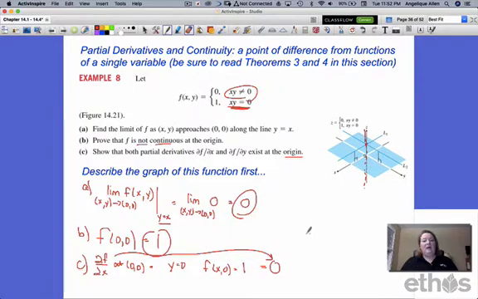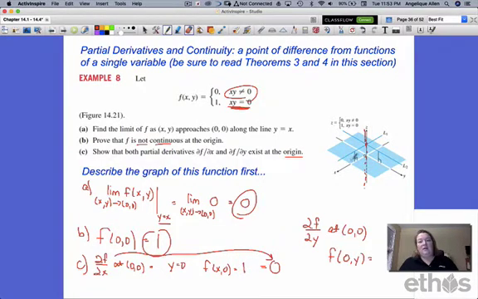I'm going to say it for the other part, df dy now, same argument. So think through it again as I say this, at 0, 0. Now with respect to y means in the y direction, which means that we are going to be holding x constant at 0 as we explore different y values.